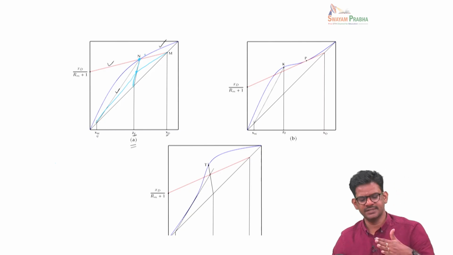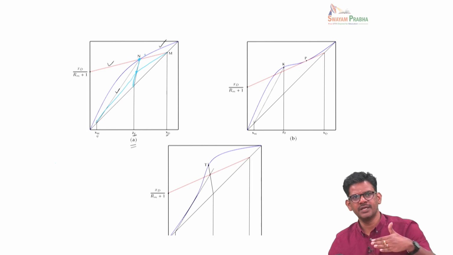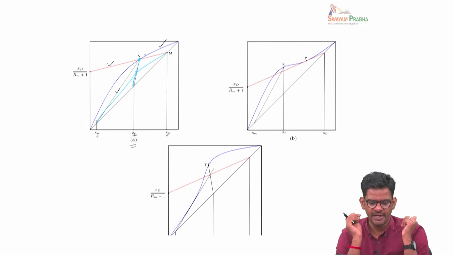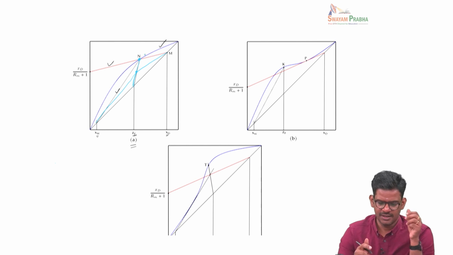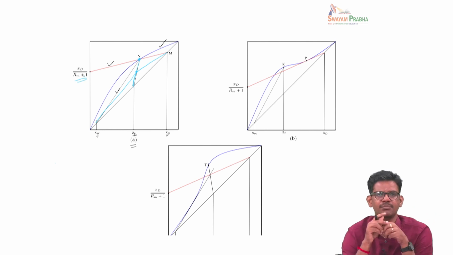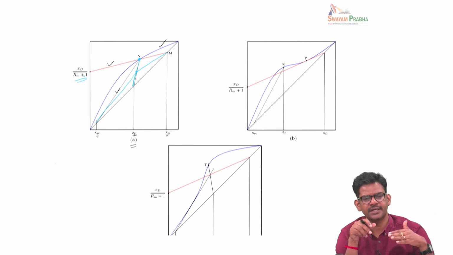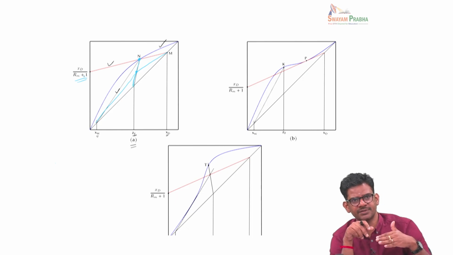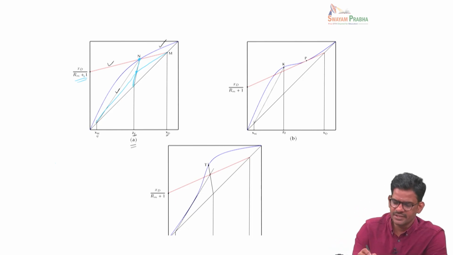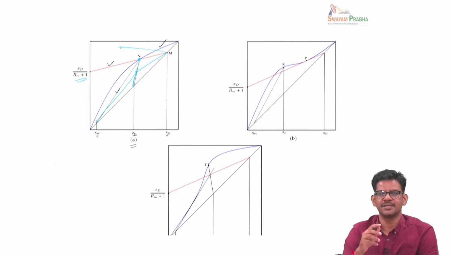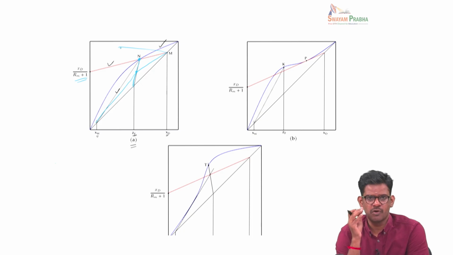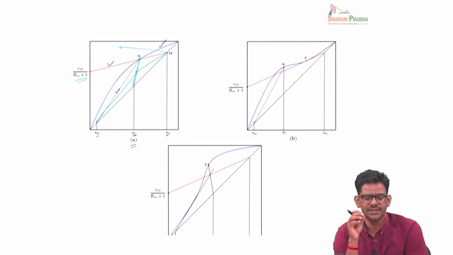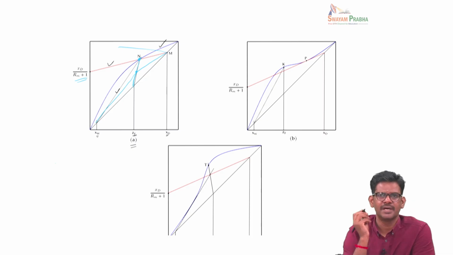So you decrease the slope all the way to reach the point N, where the enriching line meets the equilibrium line as well as the Q line, and this corresponds to the minimum reflux ratio. You cannot decrease the reflux ratio below this, because if you go below this, you might reach a point somewhere here, and that is outside the equilibrium line. So the smallest reflux ratio you can use is the point that corresponds to N.